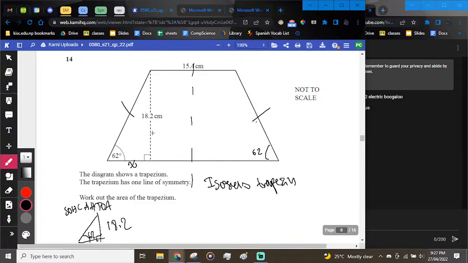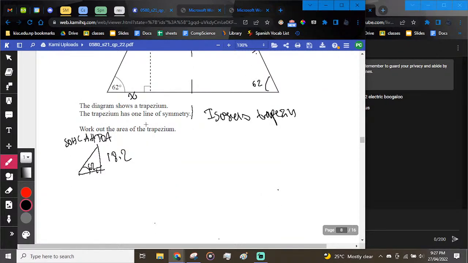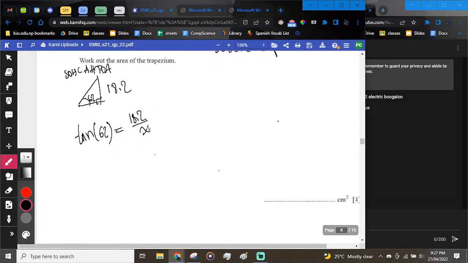We want adjacent and opposite. That's going to be tan. So tan 62 equals opposite over adjacent, 18.2 over x. We can rearrange to get x equals 18.2 over tan 62.